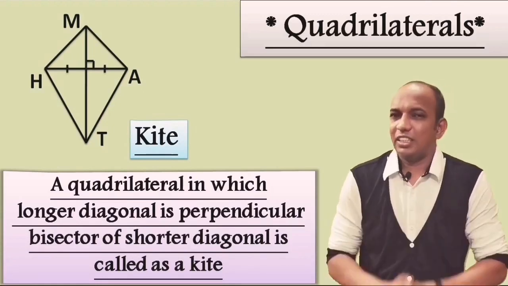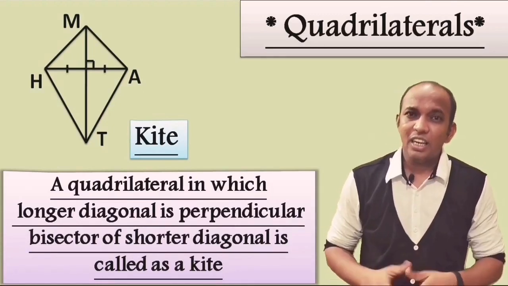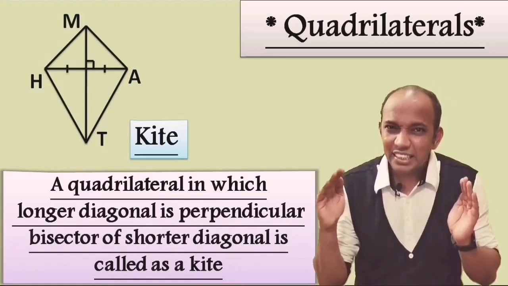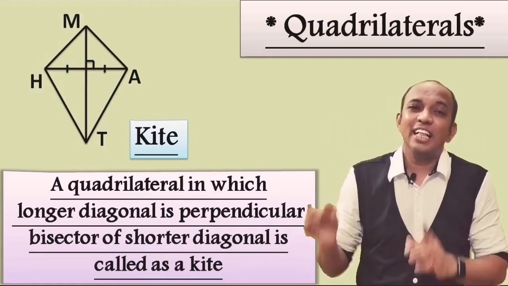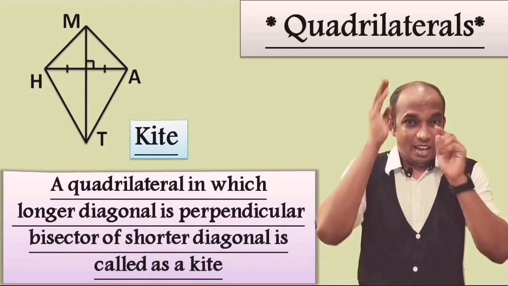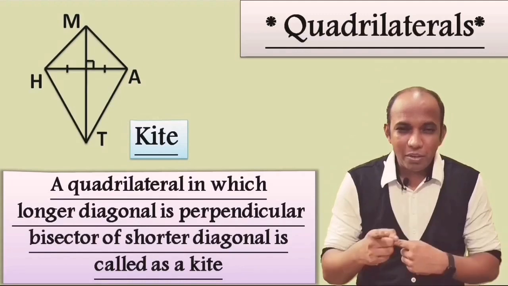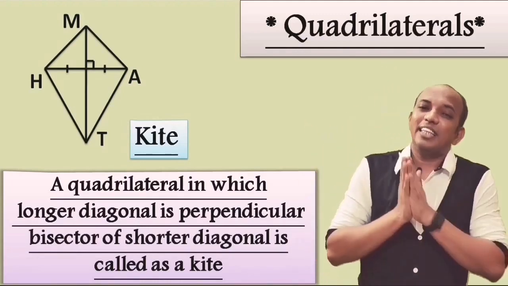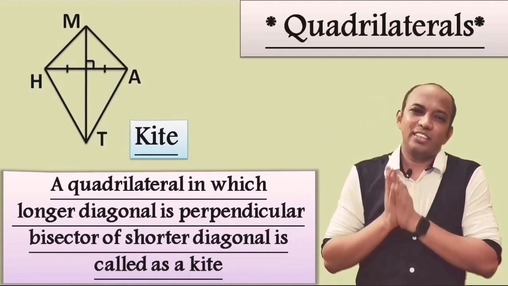So what does the definition say? When in a quadrilateral, the longer diagonal is the perpendicular bisector of the shorter diagonal, then that quadrilateral is called a kite.